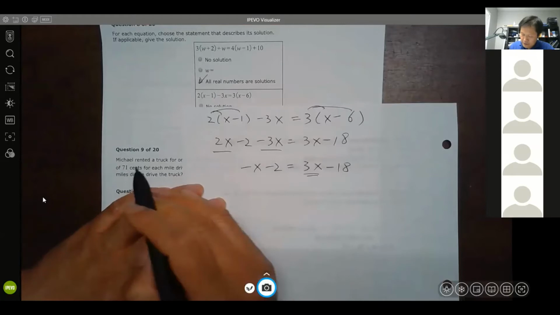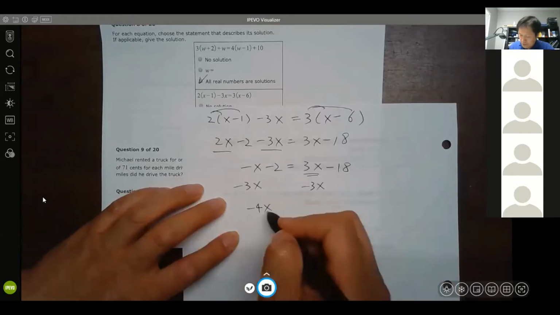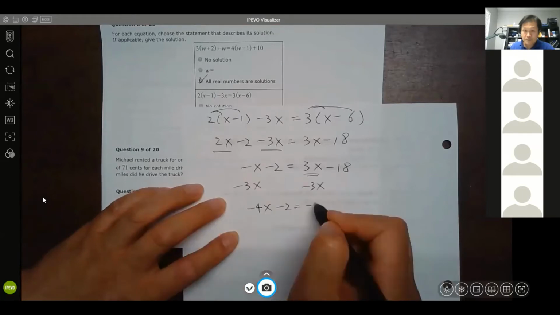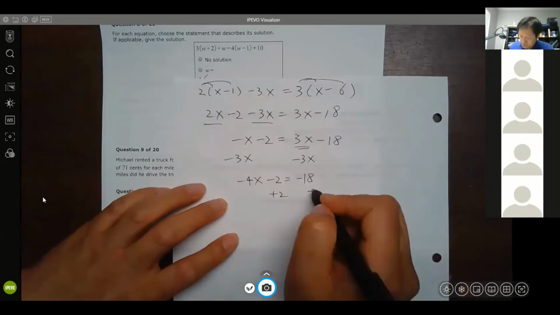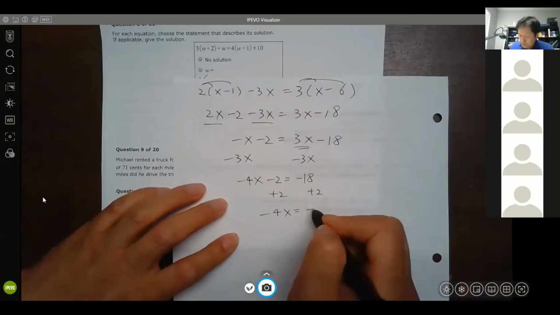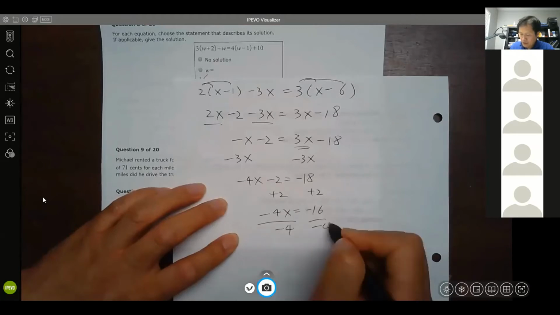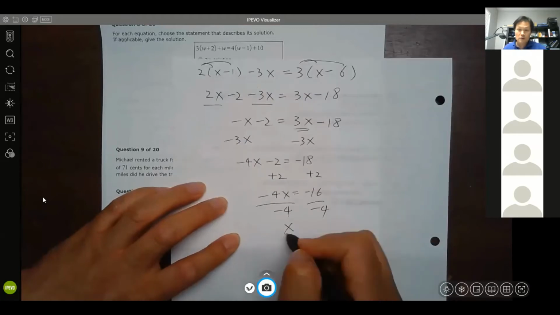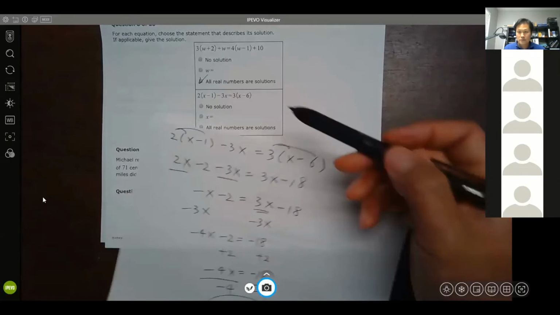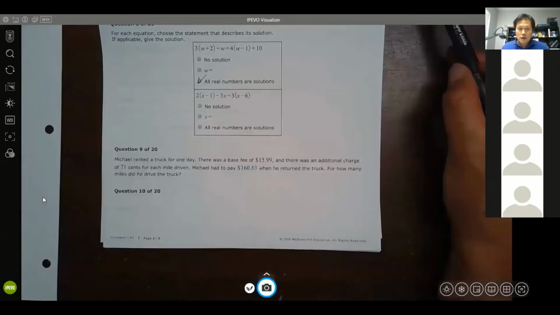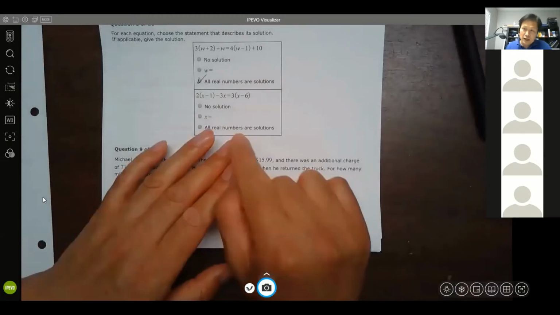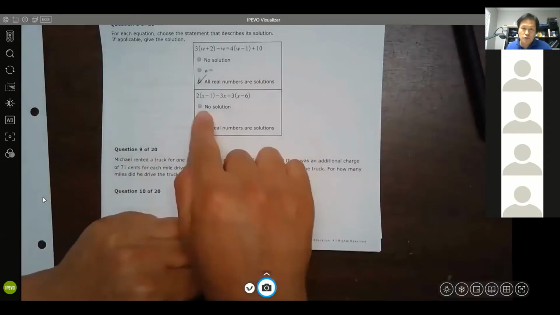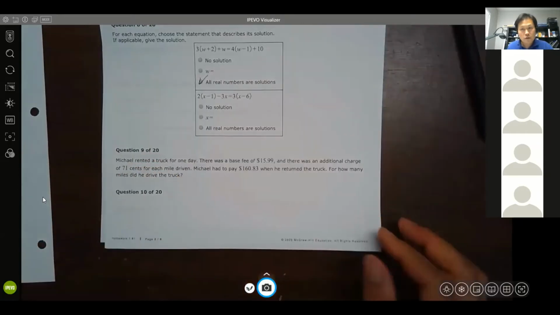Minus 3x, minus 3x, minus 4x, plus 2, divided by minus 4. I got x equal to 4. That's just x equal to 4. Okay, but in case you get a false statement at the end, make sure no solution will be the answer. Shall we move on?